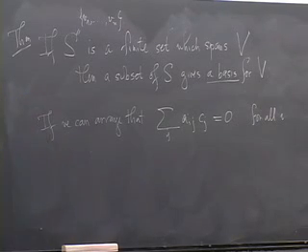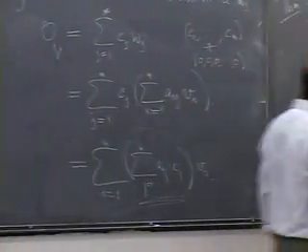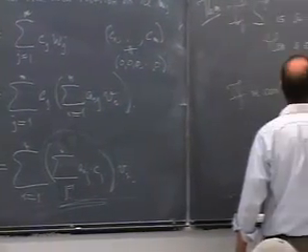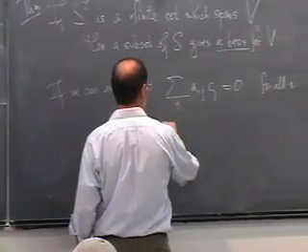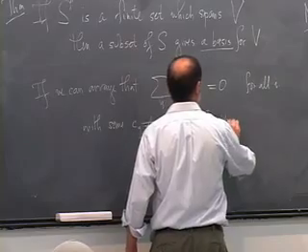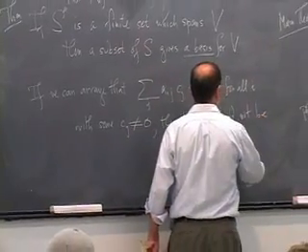If we could arrange this with the c's not all 0, then the Wj could not be linearly independent.